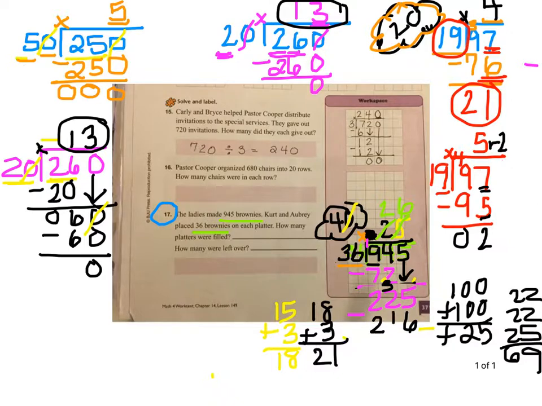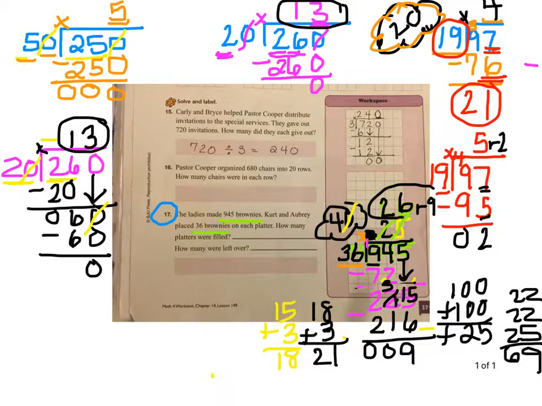So we've got 2, 16. 6 is bigger than 5. Oh, so we've got to borrow. All right, 15 minus 6 is 9. 1 minus 1 is 0, and 2 minus 2 is 0. So we have 26, remainder 9.